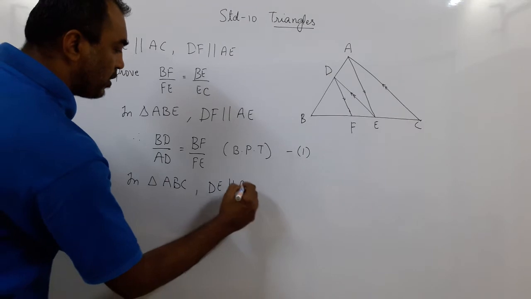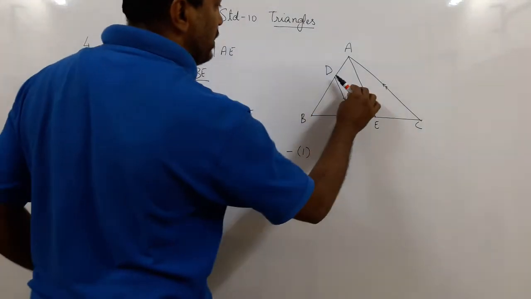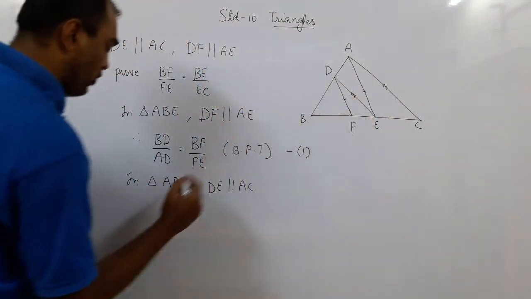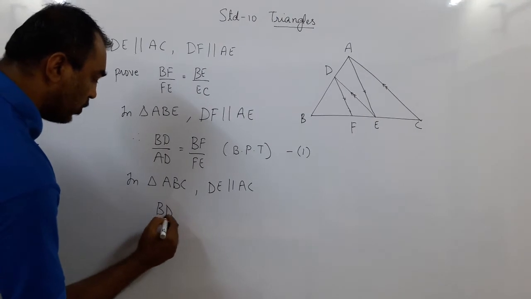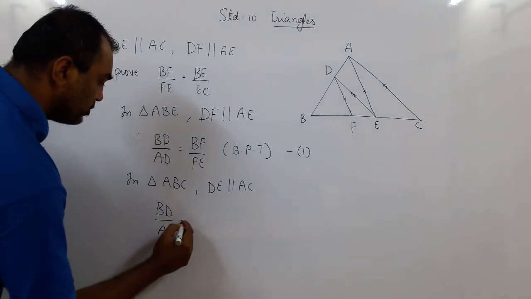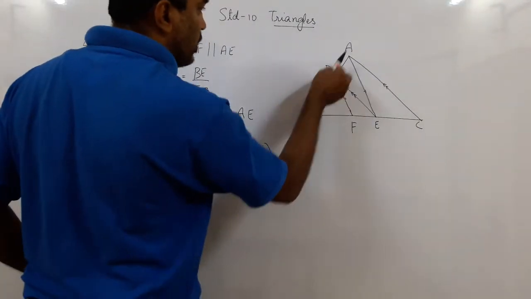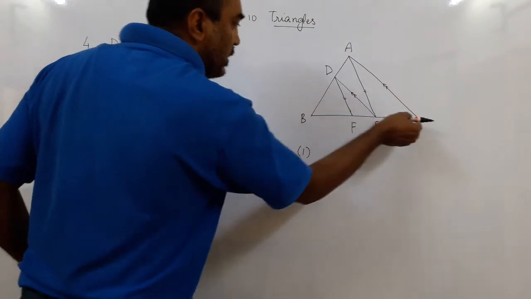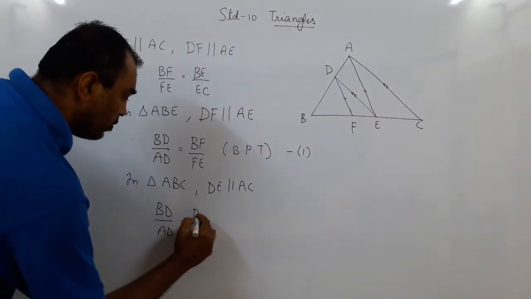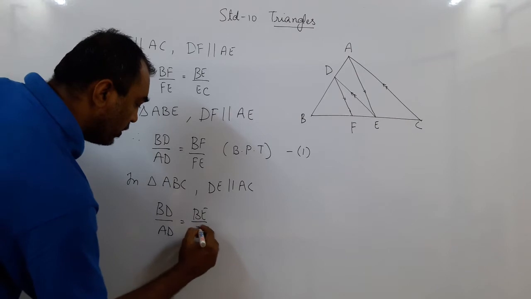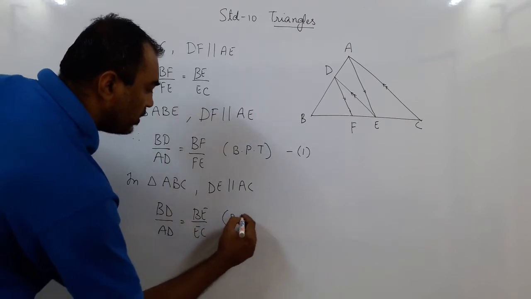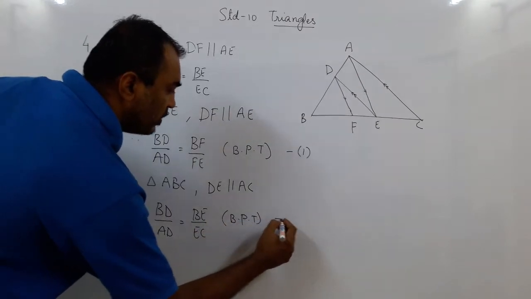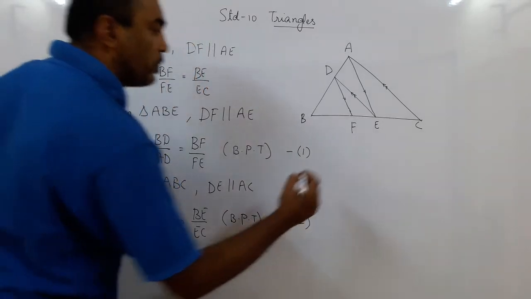DE is parallel to AC. So we have BD upon AD is BE upon EC. Again by the basic proportionality theorem, this result I call 2.